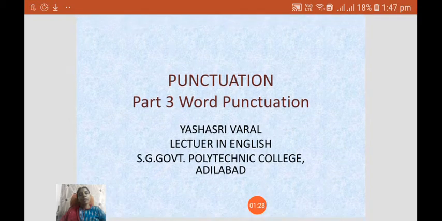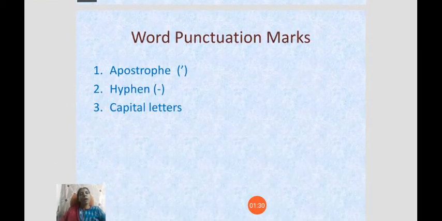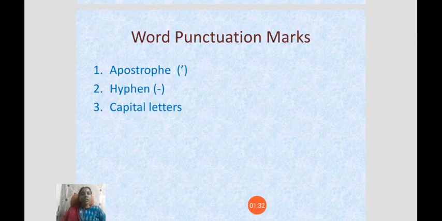So now look at the punctuation marks. The first is word punctuation. The first is apostrophe, then hyphen, and the third is, it is not a mark, but it is the use of capital letters that you may need to know.